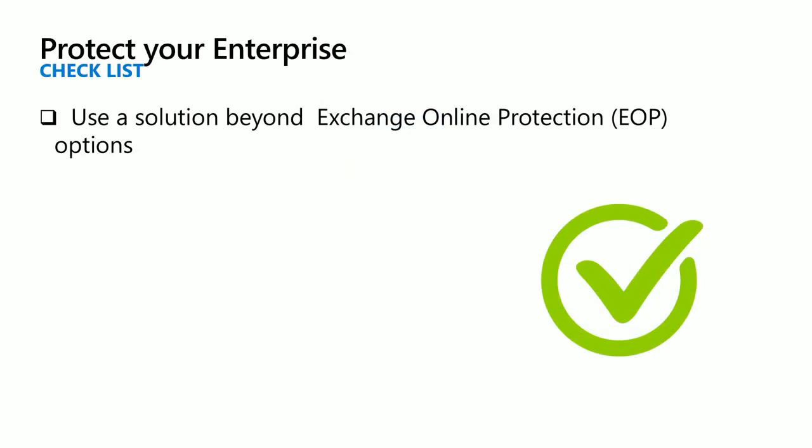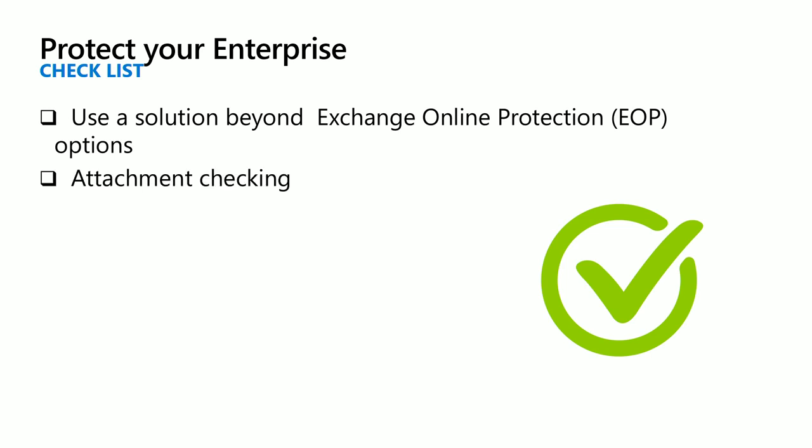So here's your checklist. Here are your takeaways. When you're thinking about how to protect your email, you want an end-to-end solution. You really need to be implementing everything we talked about here today, or you're never going to get on the other side of all of the spam and malicious messages that are coming to you. So go beyond the basic Exchange Online protection.